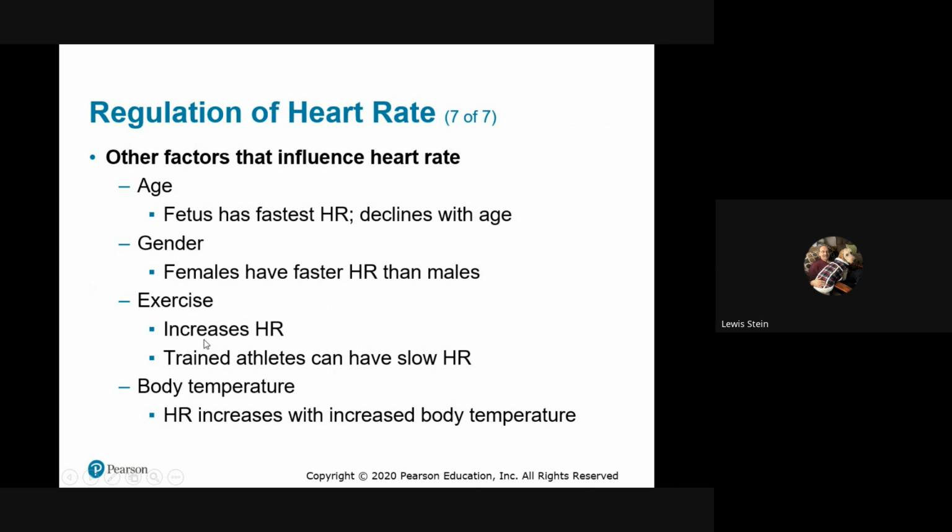Exercise typically increases it, but long-term, athletes, particularly endurance athletes who do a lot of distance running, soccer players who run all the time, X number of miles or kilometers every game, cyclists, all that stuff. Typically, because that improves their reserve and body temperature increases. These are all pretty straightforward.